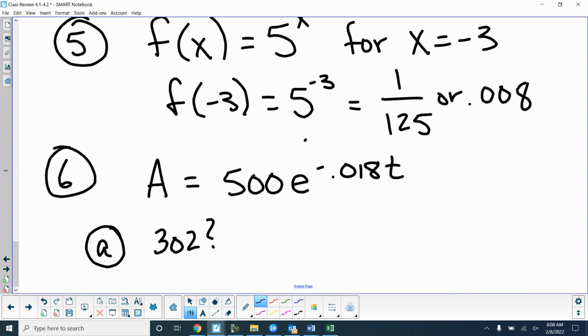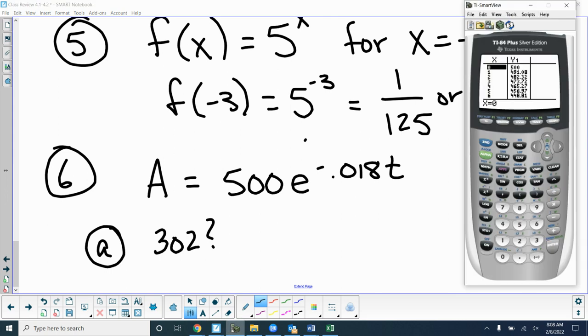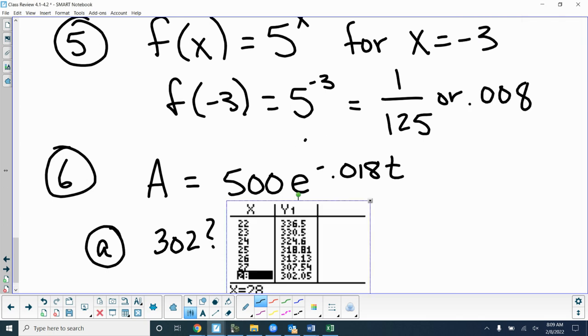So we're just going to go down with our down arrow key until we see a 302 in the Y column. 28 minutes. So then you look at X. Okay? So that's what we want for A.